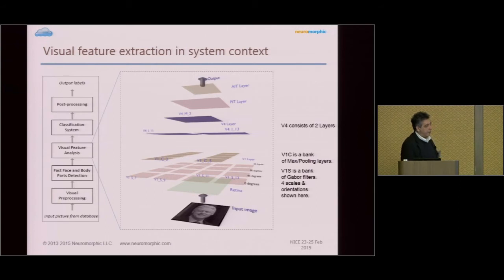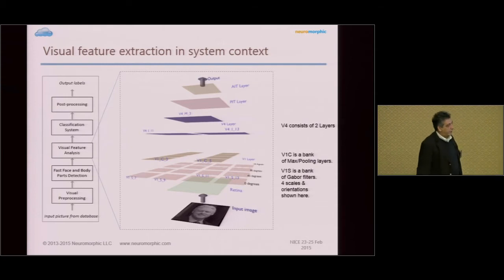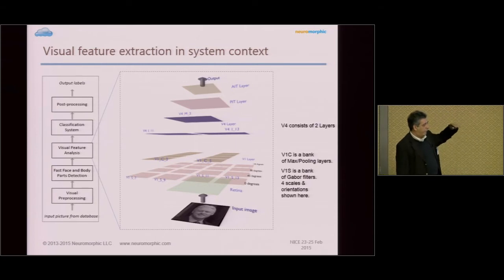On the right-hand side, you see the feature analysis part, and this is basically the biologically inspired part that we're interested in today. So you start with an input image at the bottom, and then you go through a number of modules that are biologically inspired, starting with an area that represents V1, going through an area that represents V4, which is specialized in part detection, and then going through the posterior IT, then the anterior IT, producing features at the output.